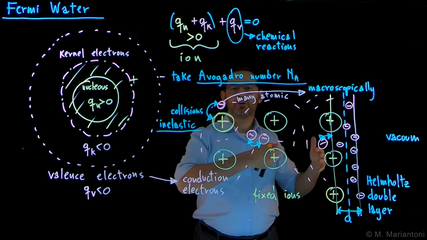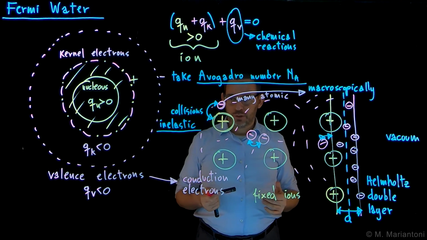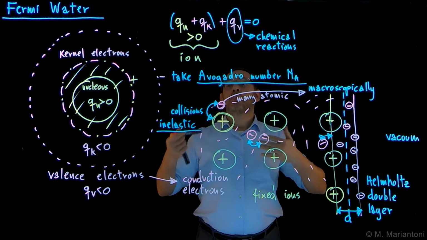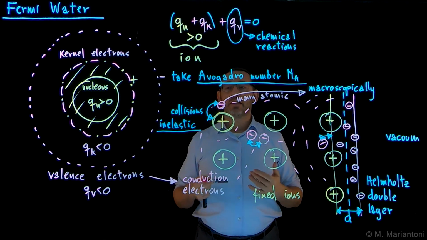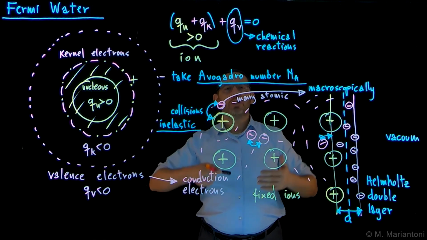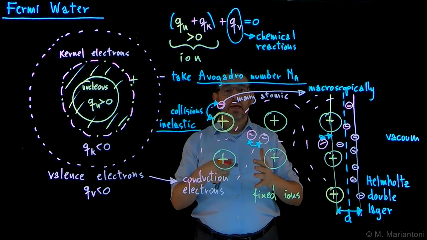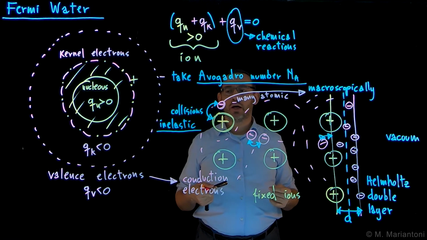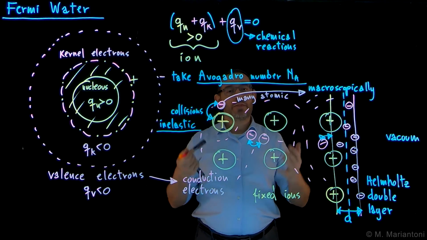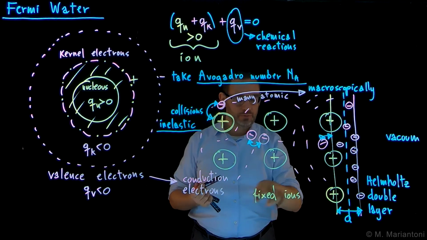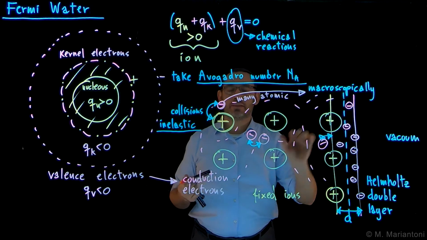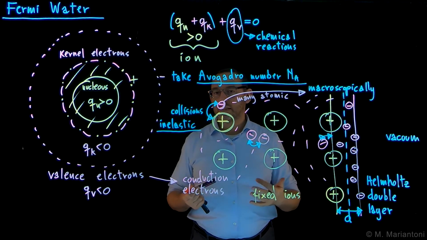And this allows us already to show many properties of metallic objects. Then further refinements are called the Fermi free gas model and the Fermi nearly free gas model, which eventually lead to Bloch's theorem and Bloch's functions, which are based on the Floquet theorem for periodic structures, because remember that these ions are fixed, so they form a periodic structure. Eventually you will see this in a solid state physics course.